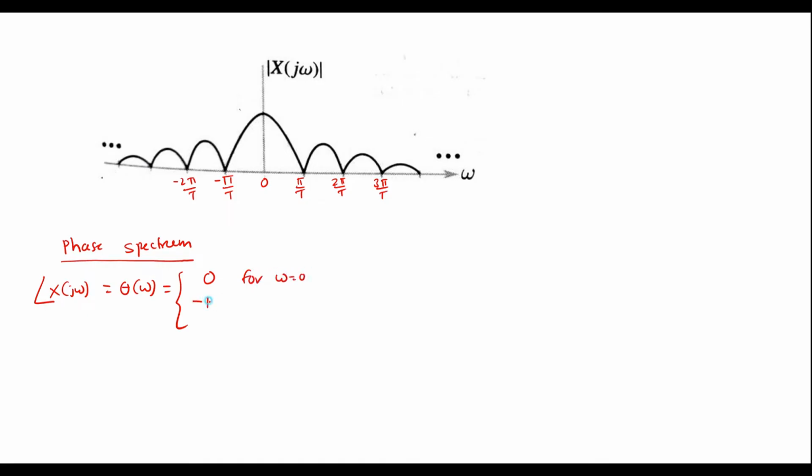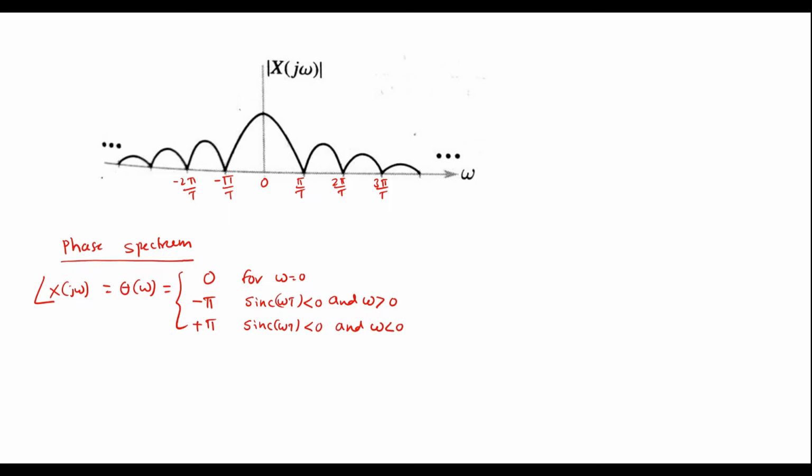Its value is minus π when the sinc(ωT) value is less than 0 and ω is greater than 0, and its value is plus π when the sinc(ωT) value is less than 0 and ω is less than 0.